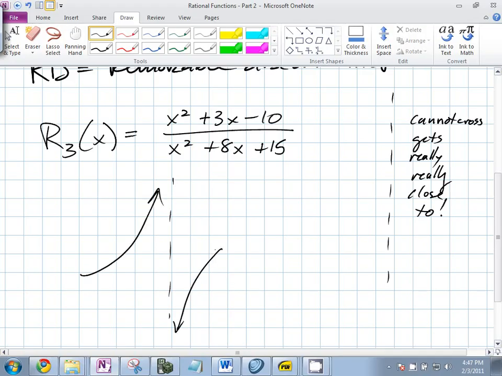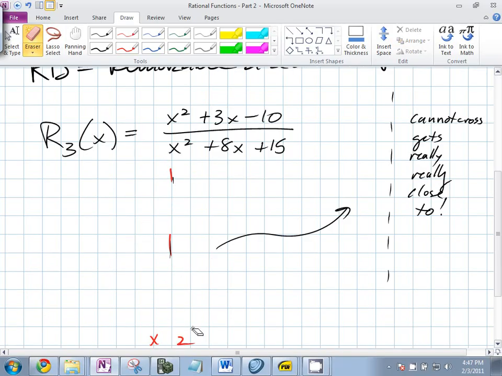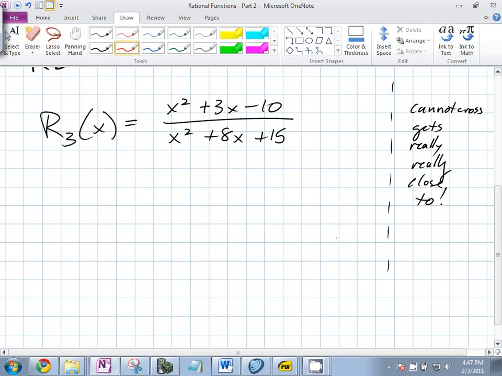The function might go off and do something fun over here, it might do something fun over here, but this vertical asymptote, let's say it was x equals 2, we would say there's a vertical asymptote at x equals 2. There's not necessarily a vertical asymptote at x equals 2 in this function, but if there was, this is what it would look like. It could either go up on this side, or it could go down and up like this, or both up and both down. We'll get to that later. So that's what a vertical asymptote looks like. Let's find out if this function has any.